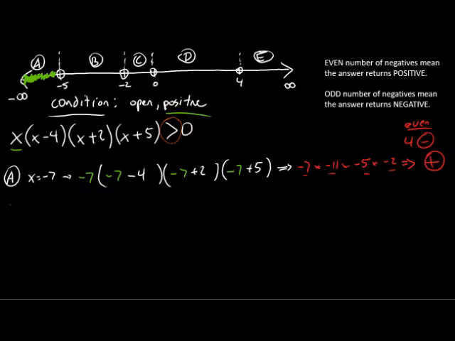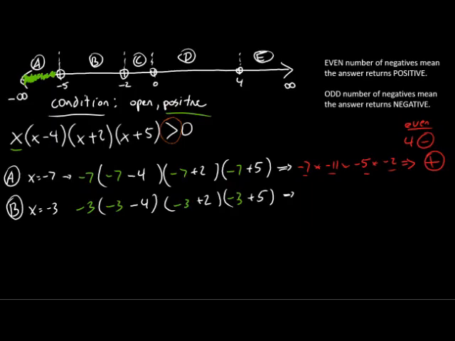Now we'll continue the process for region B and pick a number in between negative 5 and negative 2. Let's try x equals negative 3. Therefore, we'll have negative 3 on the outside, then negative 3 minus 4, then negative 3 plus 2, and negative 3 plus 5.